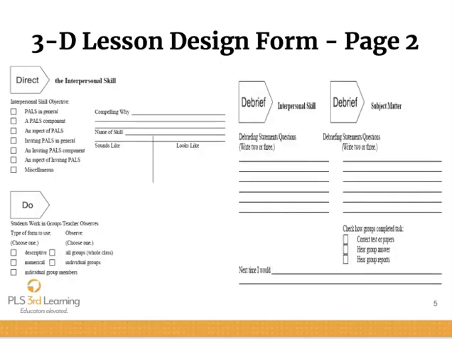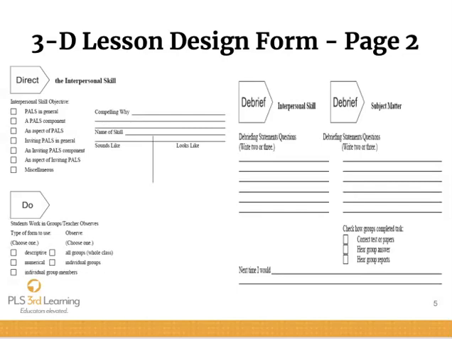Please turn the form over as we look at the back. On the other side of the form, you see places to enter the information on the interpersonal skill you need to present. Choose the type of PALS component you will have students practice, and make notes about the compelling why you will deliver for the interpersonal skill. We will learn about the compelling why if you aren't familiar with the term.